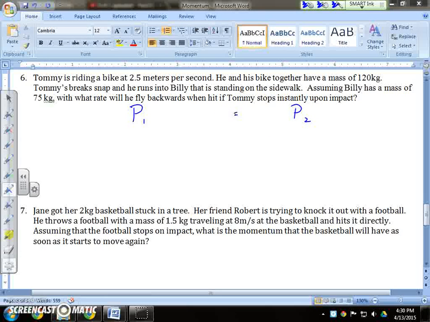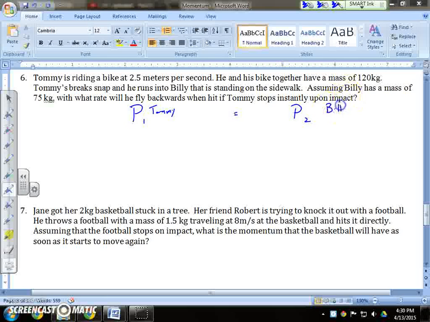So right now, our momentum of the first situation is, if we're talking about Tommy riding a bike at 2.5 meters per second, he and his bike have a mass, and his brakes snap, and he runs into Billy who's standing on the sidewalk. So at first I'm worried about the momentum of Tommy, and in the second situation I'm worried about the momentum of Billy.